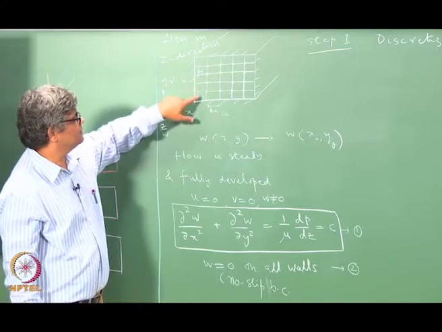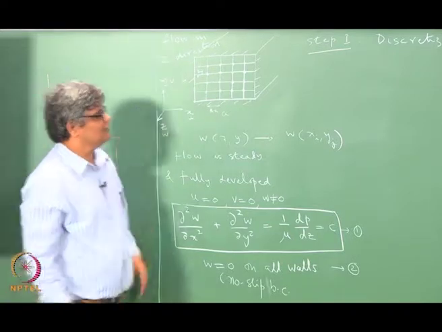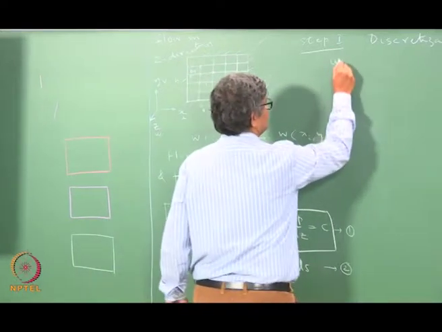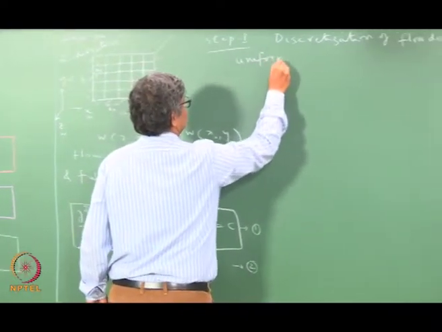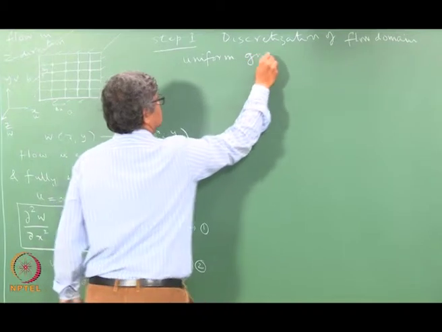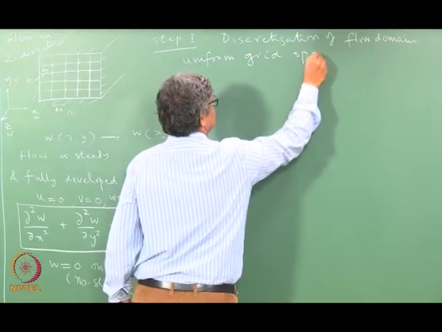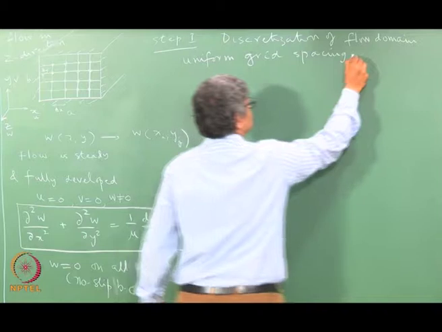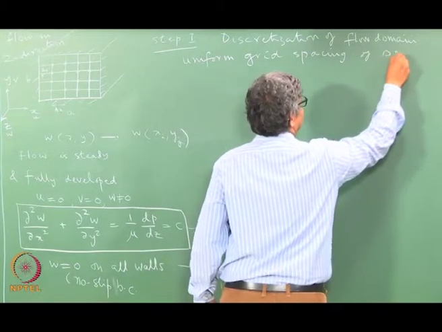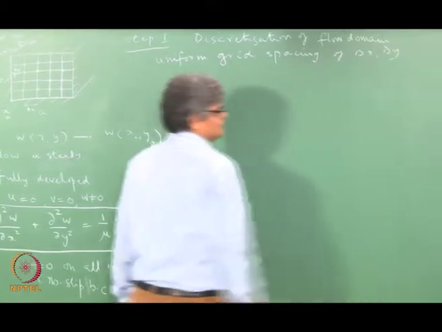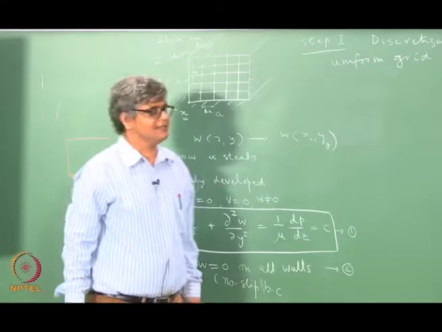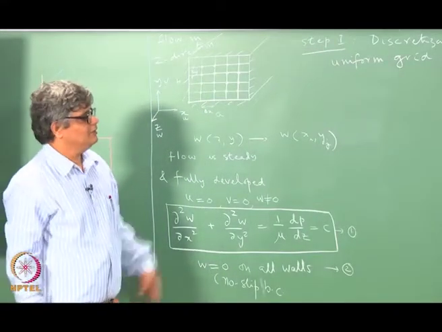Similarly, we can find out delta y, and this is known as uniform grid spacing of delta x and delta y. It is not necessary that delta x and delta y be the same.